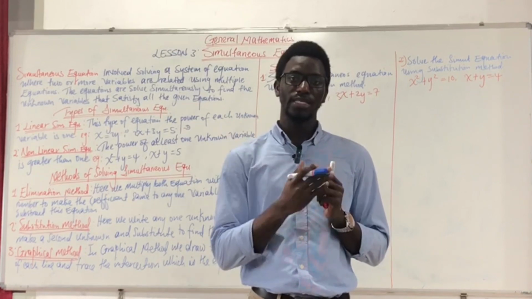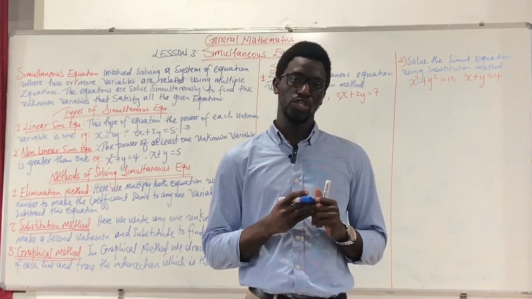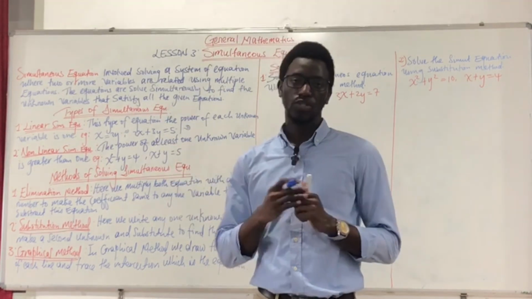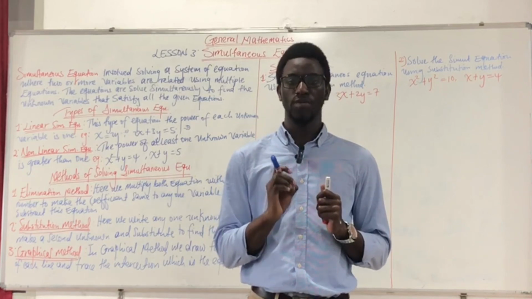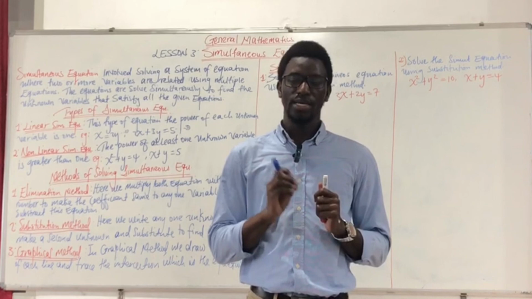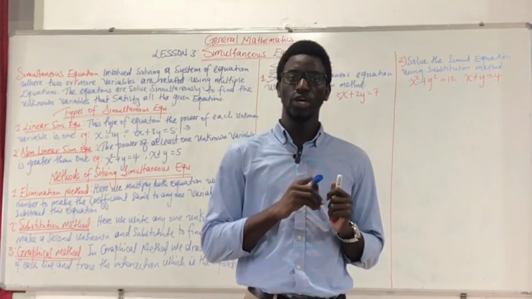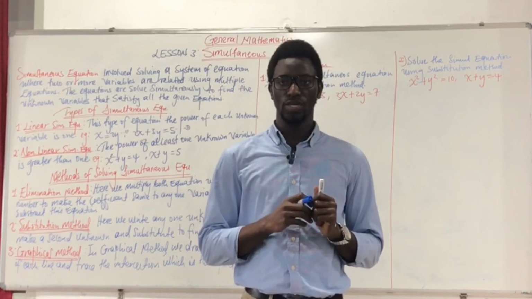When we eliminate this variable, then we find the unknown. That's the elimination method. For the substitution method, we use one of the equations and make it the subject of formula. Then we substitute this into the other equation, so we find the unknowns again.